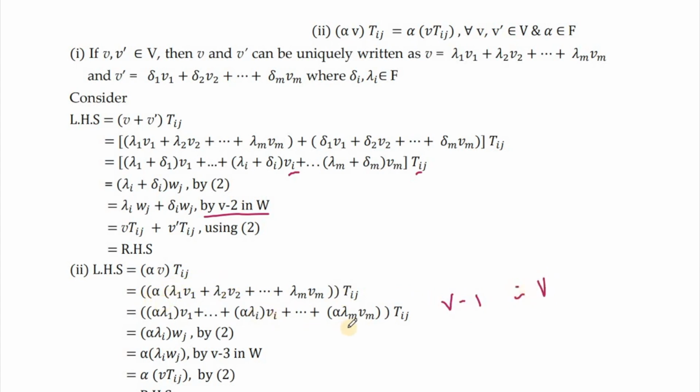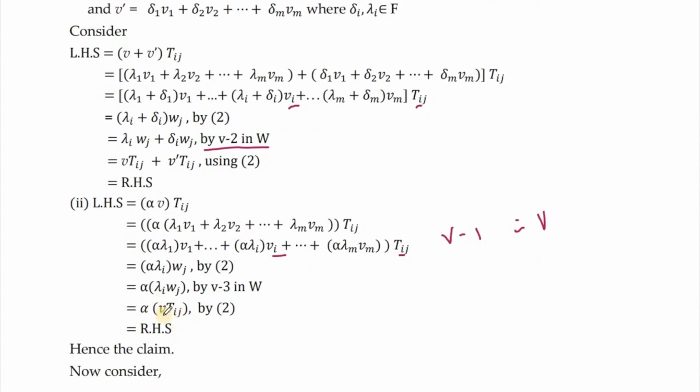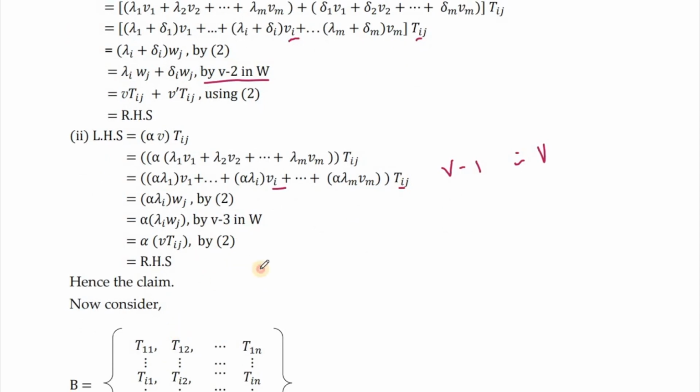Using that you have this step, and as for Tij is concerned, we will have the image only when these two are the same. What will happen to this? This is left as such. Vi, Tij will be changed to Wj. And then by V3 in W you have this step. So this is nothing but alpha v Tij by the definition of Tij. So that's your RHS. So you have Tijs to be homomorphisms.